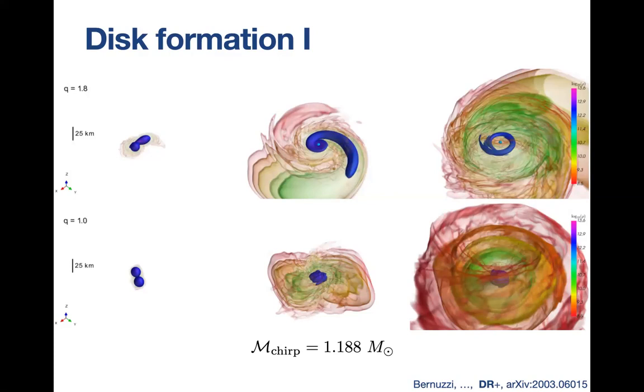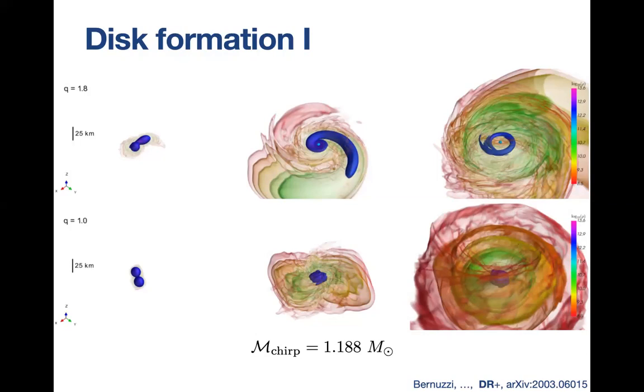And then as the system evolves, there is material that is squished out from the collisional interface between the two neutron stars that ends up forming this accretion disk. So really what we call accretion disk in our simulation is probably better defined as an excretion disk, at least at early times, because this is material that is being pushed out of the remnant and has excess angular momentum and is heated up in the collision.